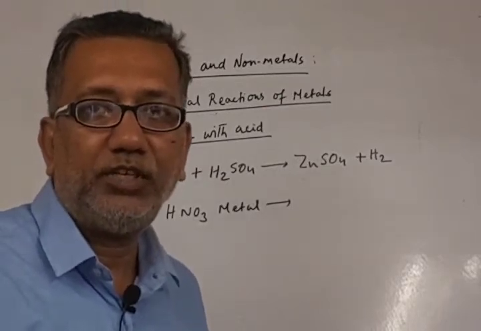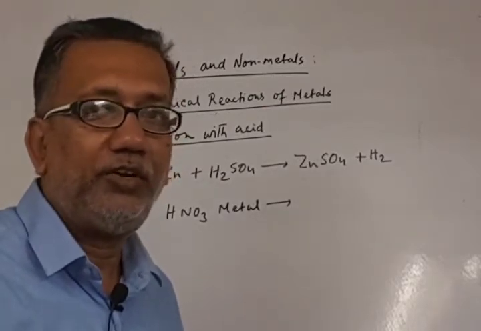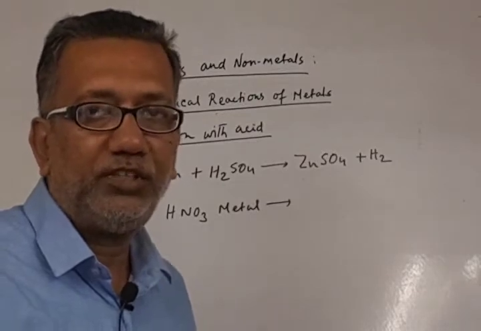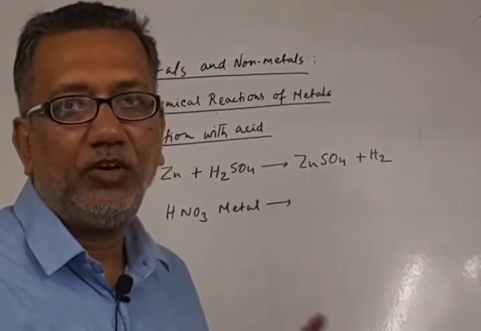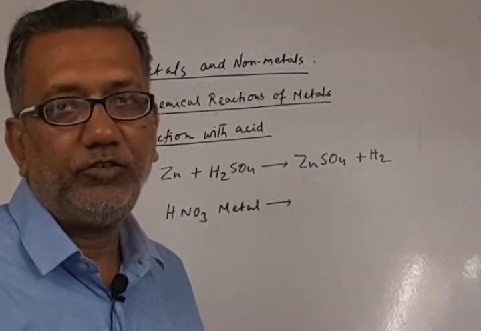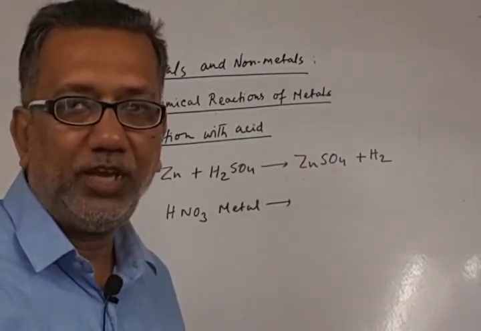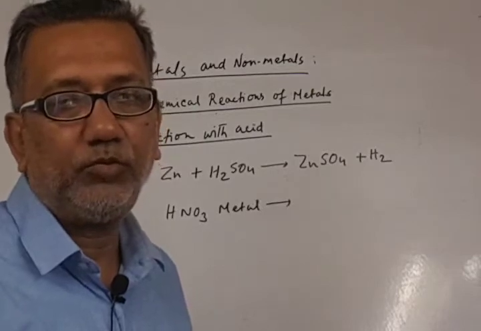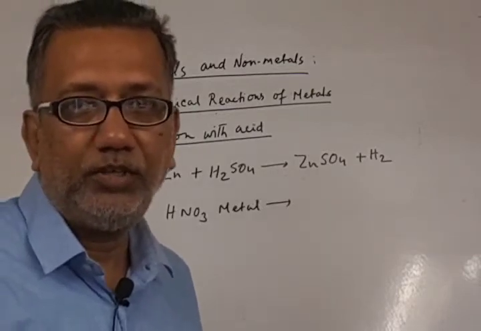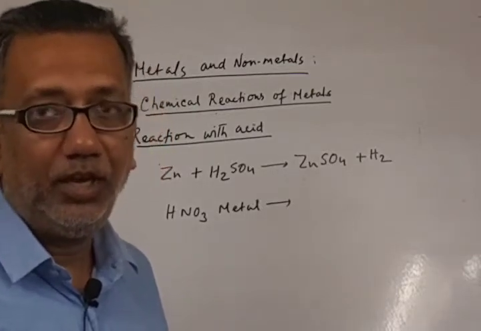Here hydrogen gas is not formed. Actually hydrogen gas is formed, but since nitric acid is an oxidizing agent and hydrogen is a reducing agent, they react in situ in the reaction mixture and form water. So that's why we are not getting the hydrogen gas.